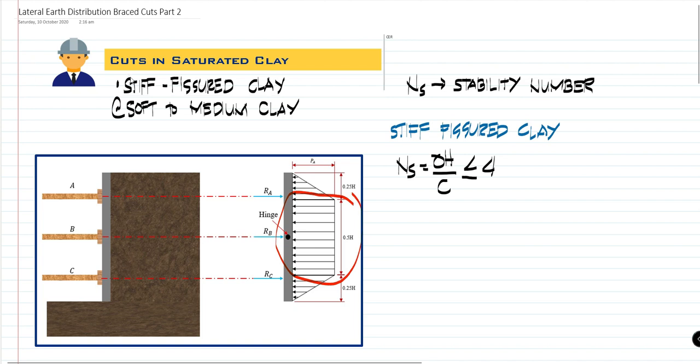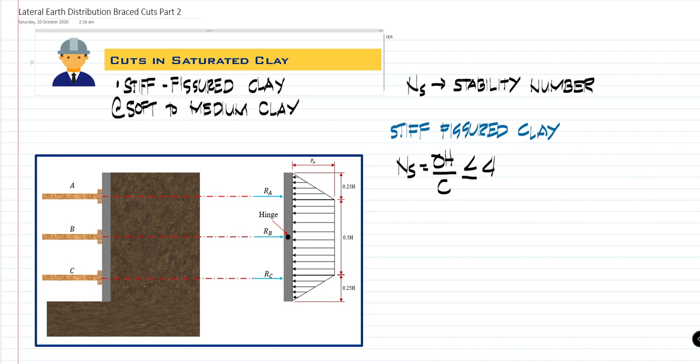So, yung uniformly varying loads on the two sides, syempre makukuha natin kung hanggang saan siya dun sa sheet pile natin or dun sa braced cuts natin by having 25% of the total height. So, yung total height naman natin is kung ano yung height nung sinusupport na cut. So, ito yun.